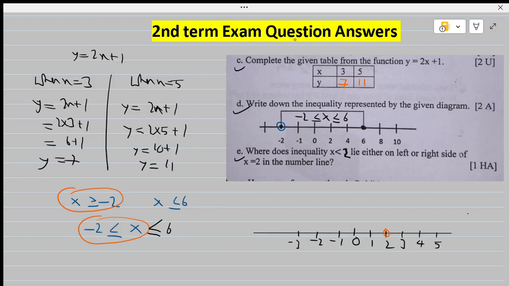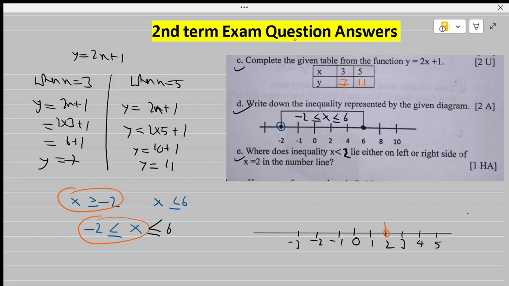From this point, towards which side do we have to go so that it will be x lesser than 2? x lesser than 2 will go on the left side, because there lie the values lesser than 2. Visibly 1, 0, minus 1, minus 2 are the lesser values than 2. So obviously it's on the left side of x equal to 2.